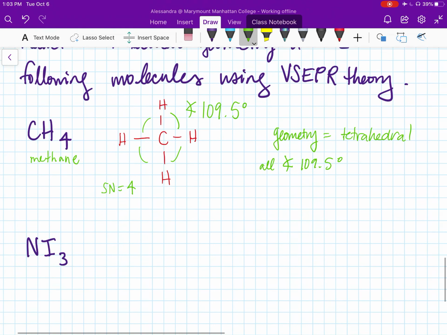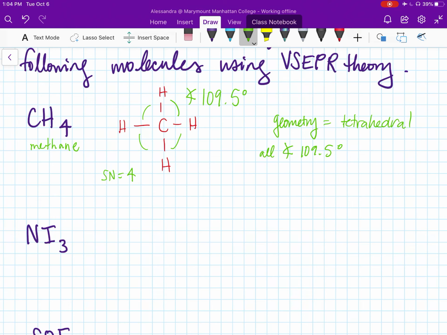Now let's do another one. Let's do NI3, or nitrogen triiodide. First, I want to draw the Lewis structure. So I'm going to do this quickly. Obviously, you may need to go through the handy hints and do it in a bit more detail.